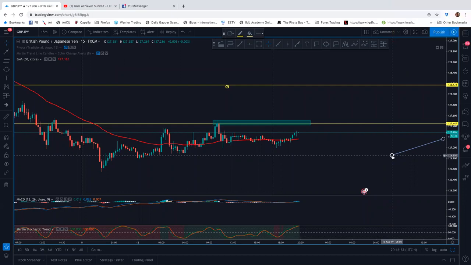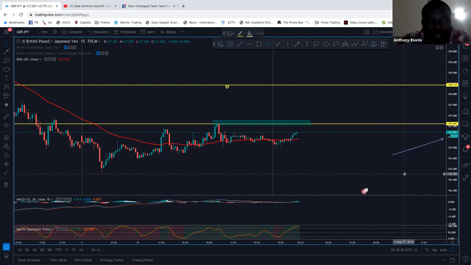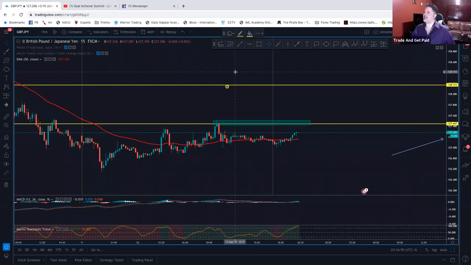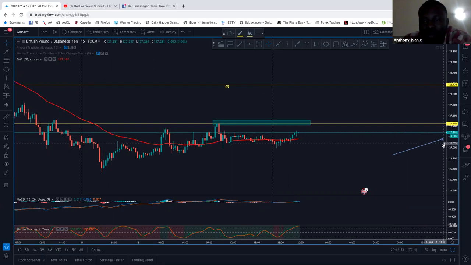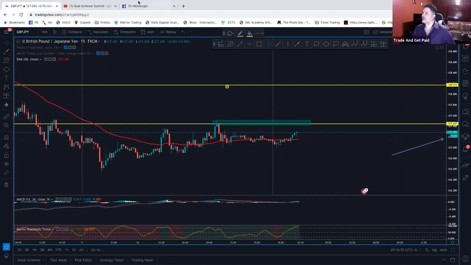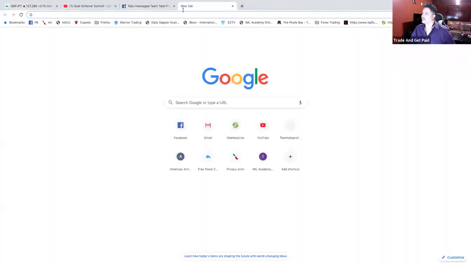One thing I do when I'm on the 15-minute time frame, I just use the clock on my computer: 15, 30, 45, and an hour. Something I used to do before I figured out that TradingView had it right here was I opened a tab.